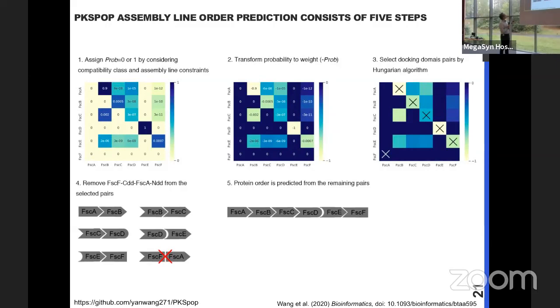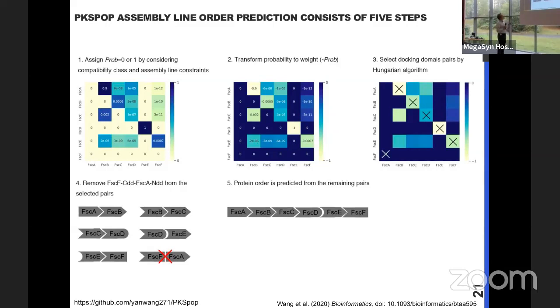So we get a matrix with probabilities. Then we can add a number of constraints. So for example, we see loading modules and we see thioesterases at the end, which means that we can add a number of zeros where we know that based on biosynthetic logic, certain interactions should not be possible. So this constrains the realm of possibilities a bit.